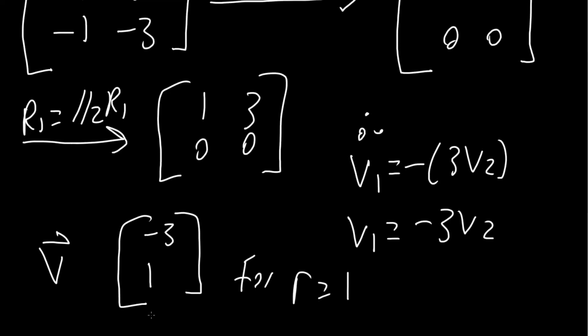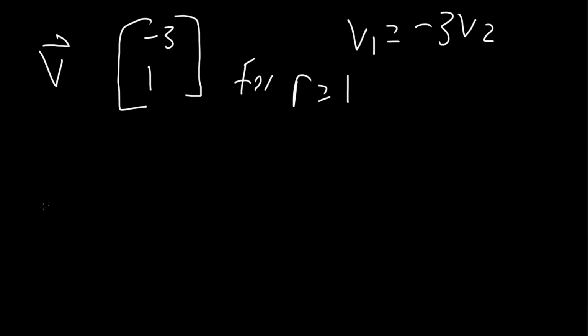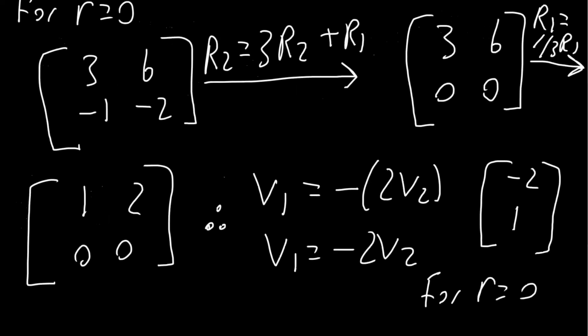And now we're almost there. We want to get the general solution. And the general solution is a combination of both of the eigenvectors that we just found. And so we can say that it would be C1, and the first eigenvector we said was this. It was for r is equal to 0, and the eigenvector was negative 2, 1.